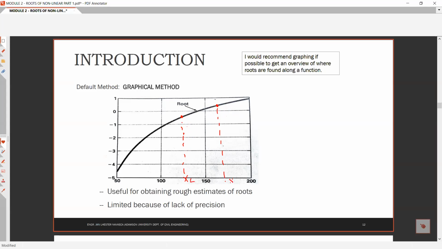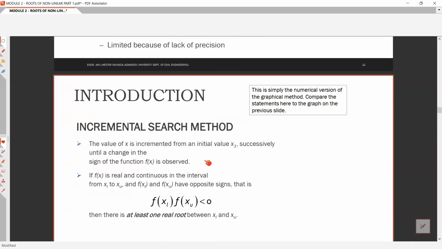First guess. So, ibig sabihin mo, yung root mo is within the interval XL and XU. Okay? Bakit natin nasabi yon? Sabi niya sa theorem, kapag daw ang the y values of your XL and yung XU, pag pinag-multiply is a negative number, nandun daw yung root. At least one real root.